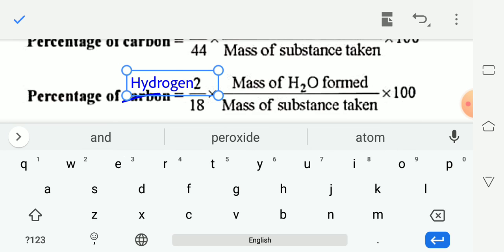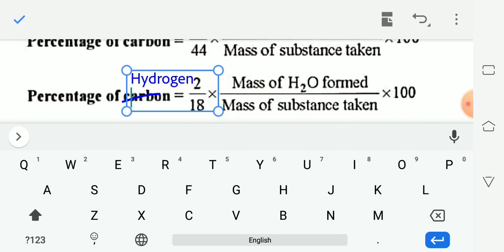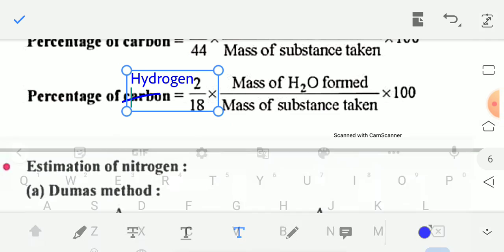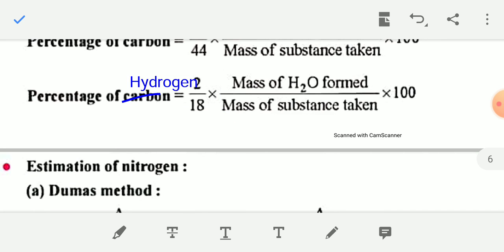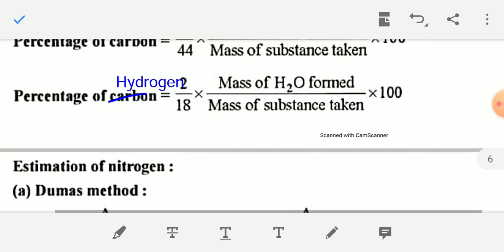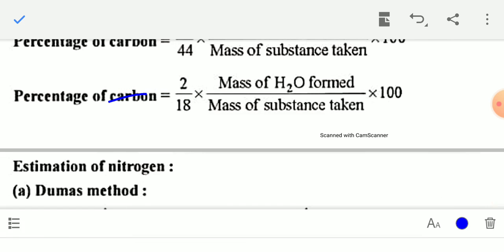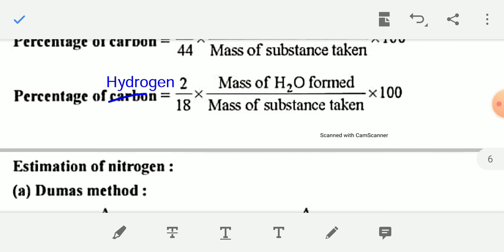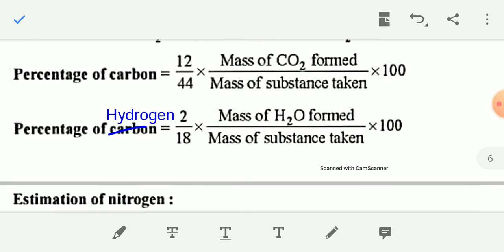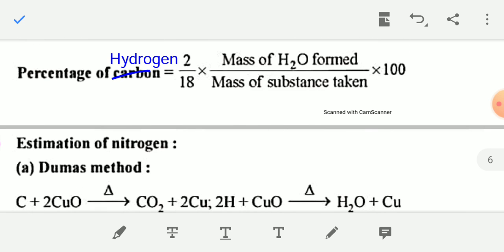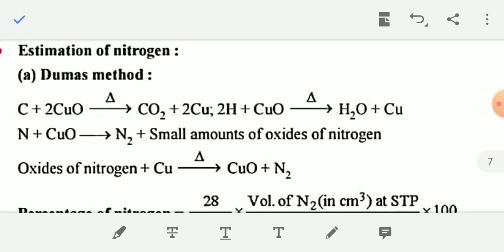So for hydrogen, the formula is percentage of hydrogen equals 2/18 × mass of water formed divided by mass of substance taken × 100.